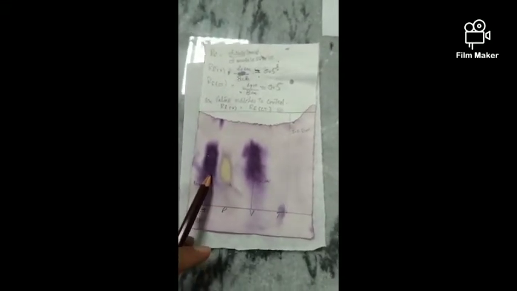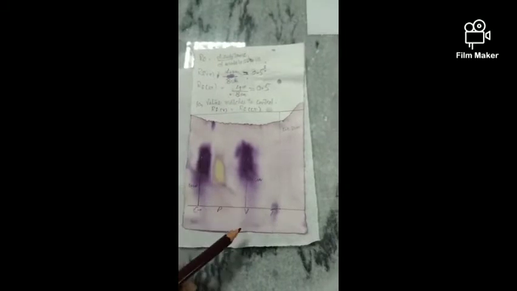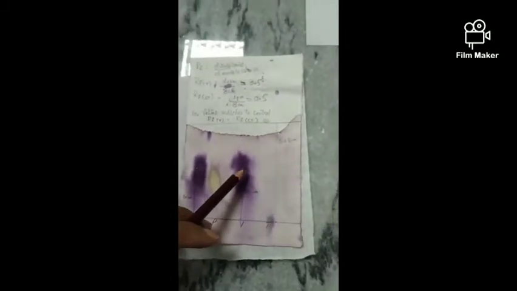That means the color is the same, the level is the same up to an extent to which these molecules move in the upward direction, and this is done by the help of a technique which is called retention factor.